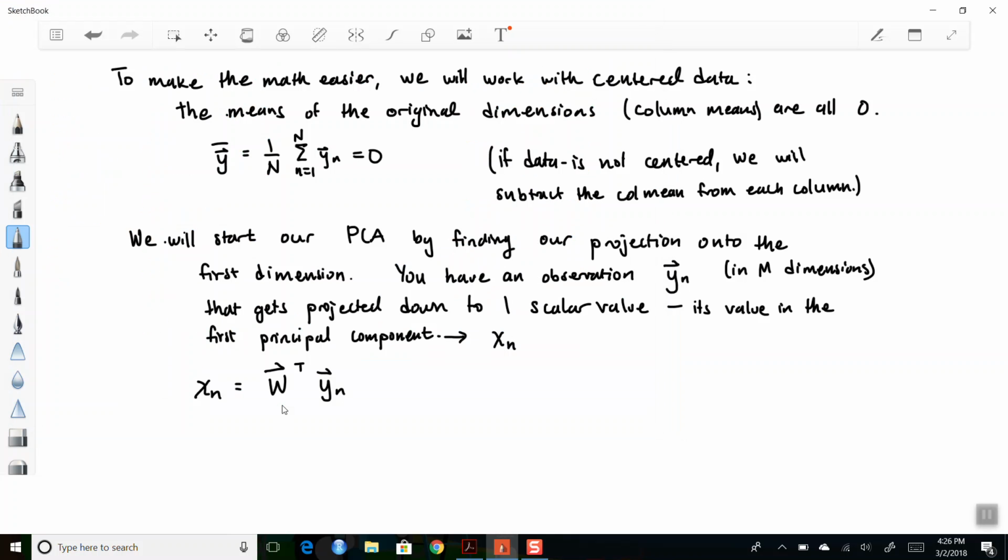Okay, so we just want to get from m dimensions down to, in our case, just one dimension for now. And what we want is to maximize the variance captured in this projected dimension space. Okay, so we want to maximize the variance captured in this projection.